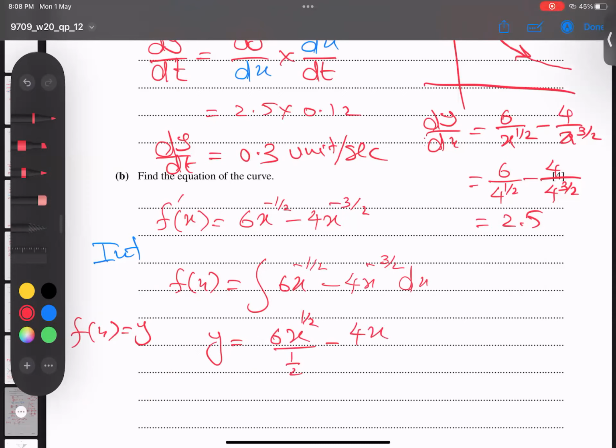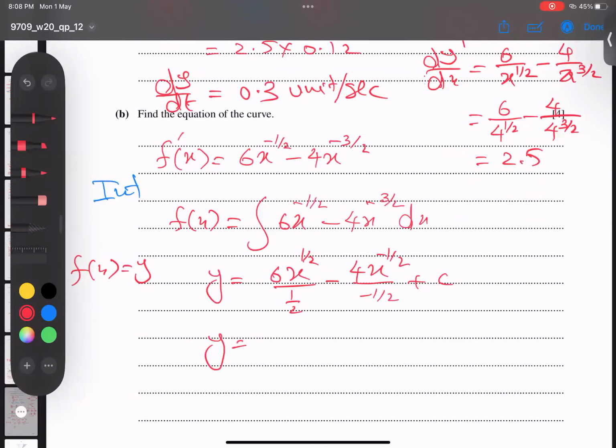Increase the power by 1, I got a negative half by negative half, and plus c. Simplify before putting it. So this 2 will go up, because I taught many times in fractions, it flips. I get 12 root of x. And this minus into minus is plus, this 2 goes up, I got an 8, and this goes down and becomes positive half, which is called root of x. So I hope it is clear.